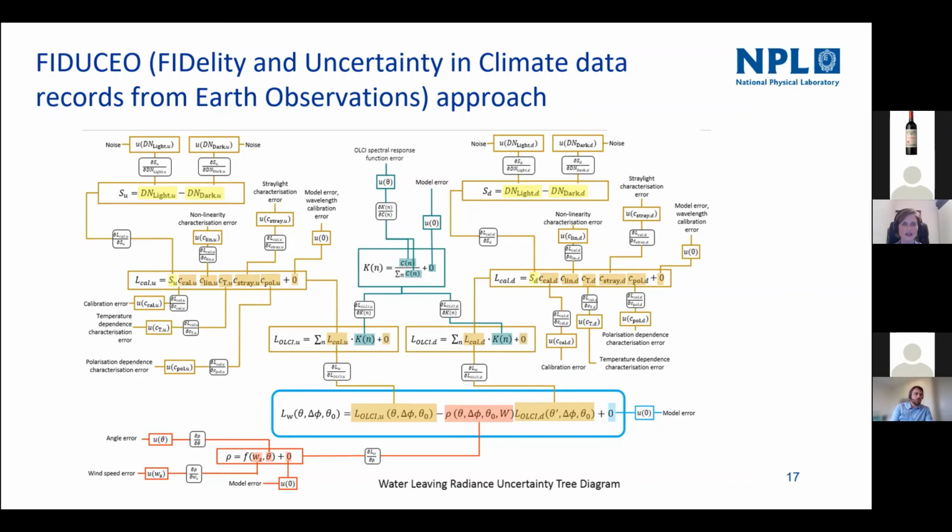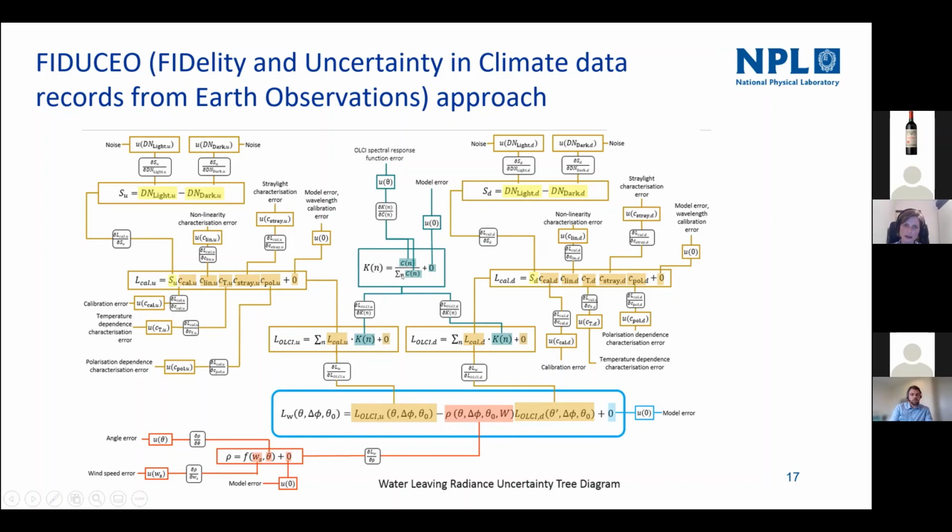And what we present here is an uncertainty tree diagram, which basically splits one measurement of radiance, and again, this is an example of water-leaving radiance, into all basic components, and everything that goes into that equation is presented on one screenshot, when we go from instrument digital numbers via calibration, characterizations, corrections with all uncertainty contributors into the spectral convolution.